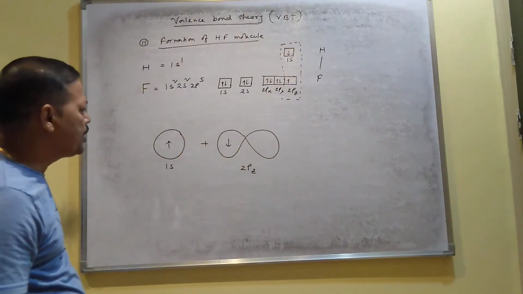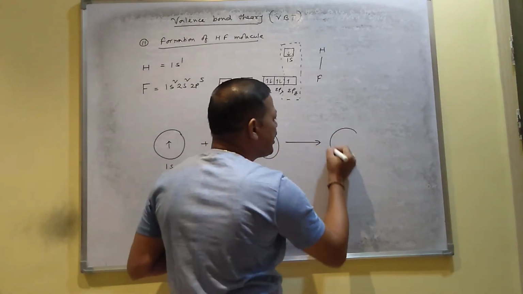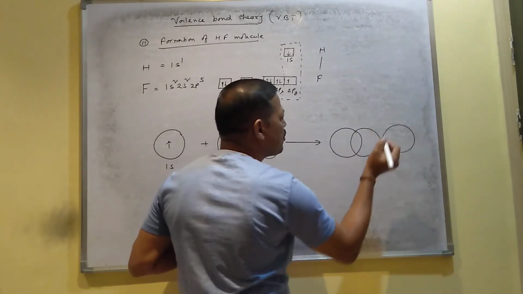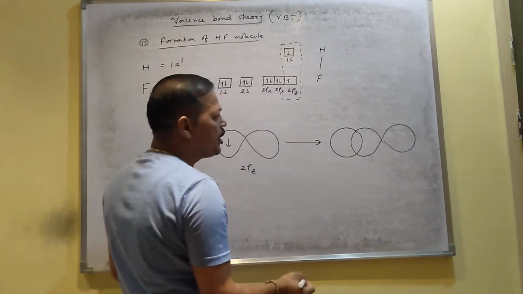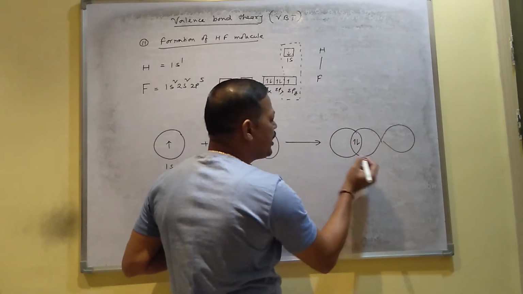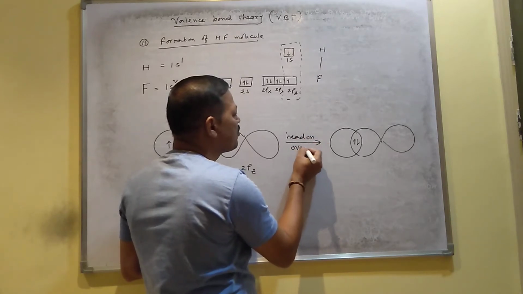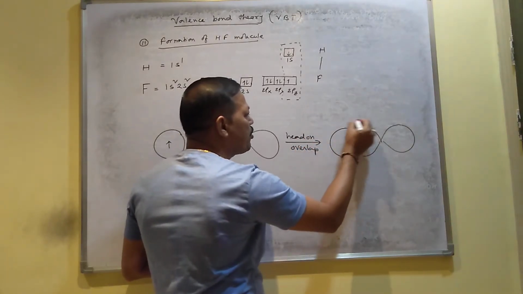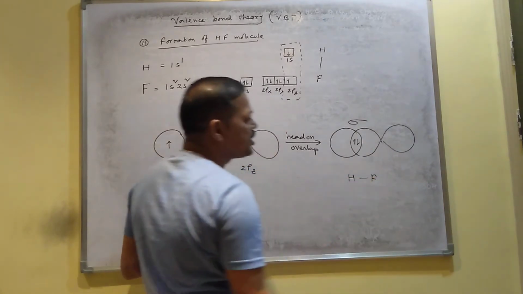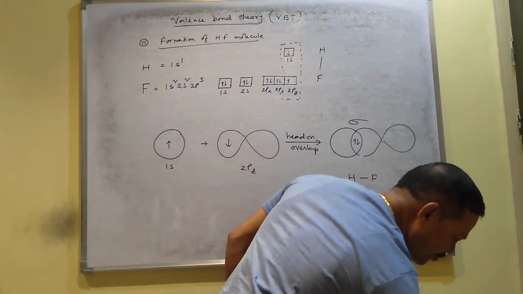Spin should be opposite. When they undergo overlap, they will overlap like this. This is S and this is P. This is called SP overlap, and in the overlap area 2 electrons will come, and here also the overlap is head-on, and that's why it will produce a sigma bond. I mean hydrogen and fluorine also have a sigma bond. So this is called the orbital diagram for the HF molecule.